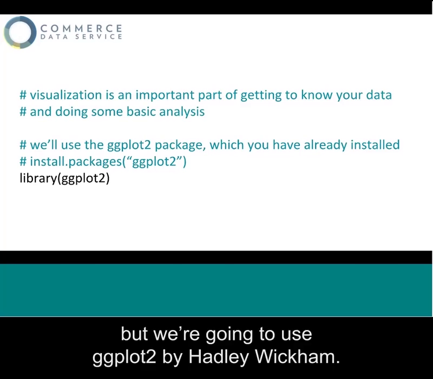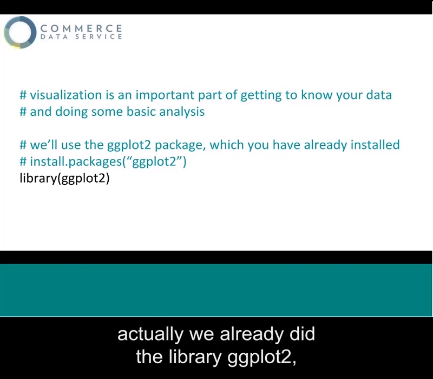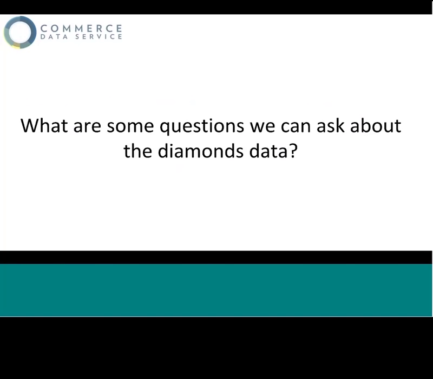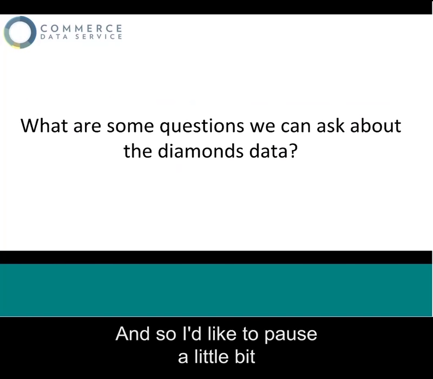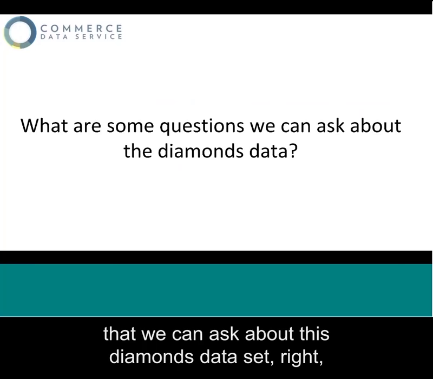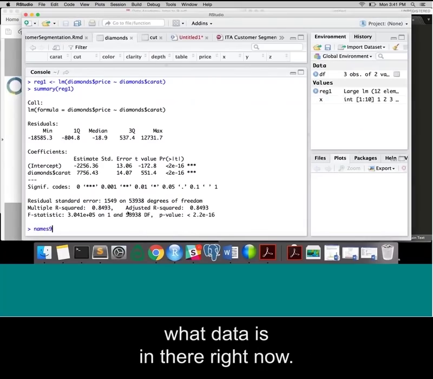But we're going to use ggplot2 by Hadley Wickham. We installed ggplot2, and we already did library ggplot2, which is how we got the diamonds data set. I'd like to pause a little bit and think about what questions we can ask about this diamonds data set. We all know what data is in there right now.